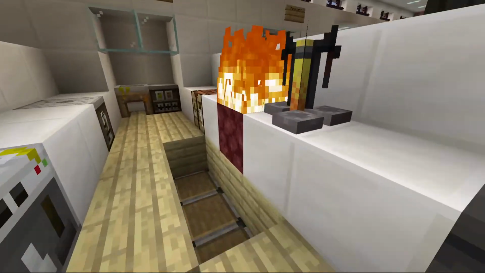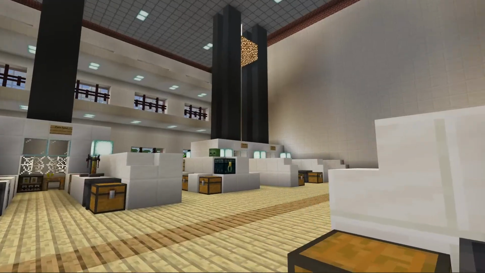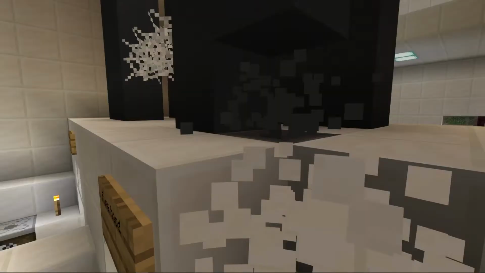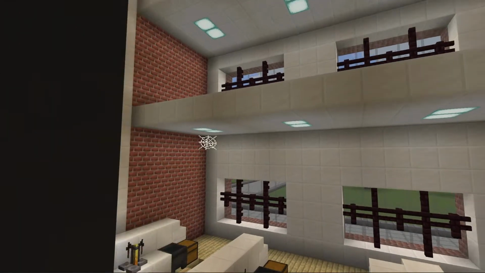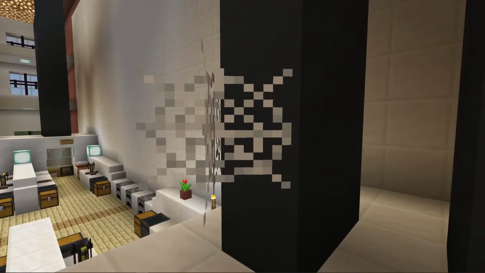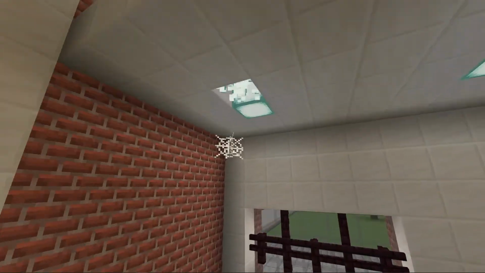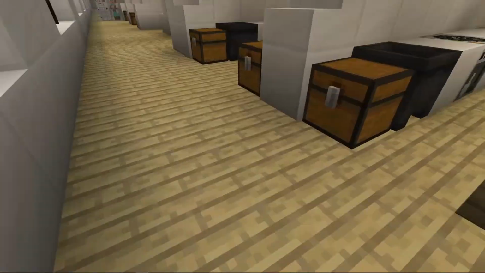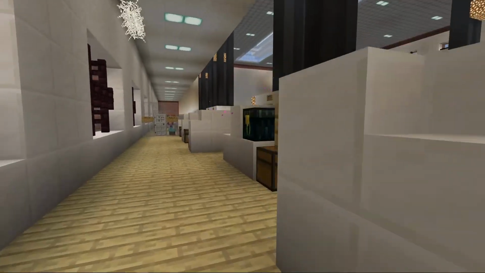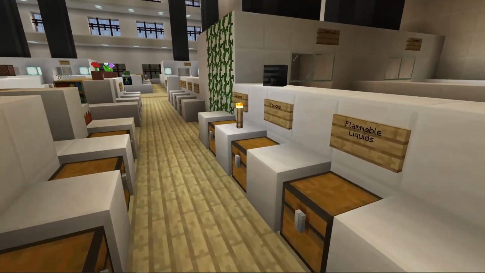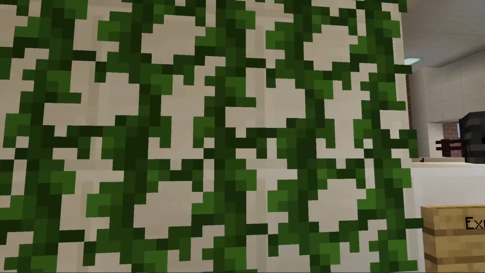That seems good. Oh, there's another fire right there. Let's put that out. Dust by any means necessary. I don't remember what that was. It looked dangerous though.